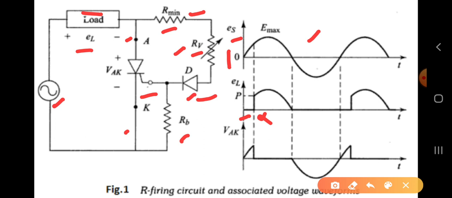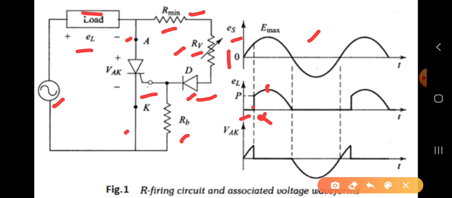When you turn on the SCR, you are deciding within the range of 90 degrees only. Here you have applied for 20 degrees. So if you set the RV value for 20 degrees, as soon as it reaches that, it immediately passes the current to the gate and your SCR will be turned on.